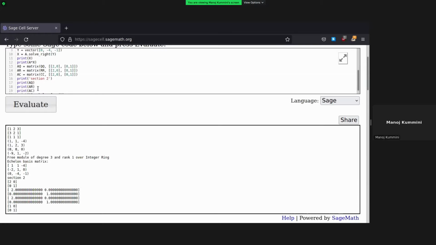When we ask for its real or complex version, it approximates it as some floating point. I think 53 bits or something. There will be some default, no, sorry, 53 bits is in some other program. I don't remember in Sage, but it'll be an approximation. And if you ask for its echelon form, we can ask the same thing.